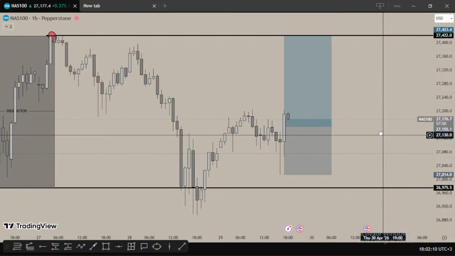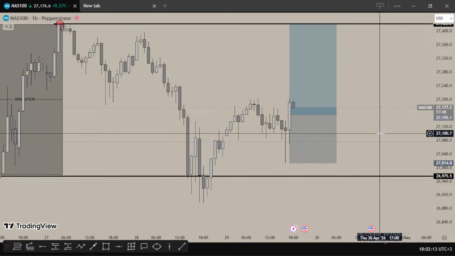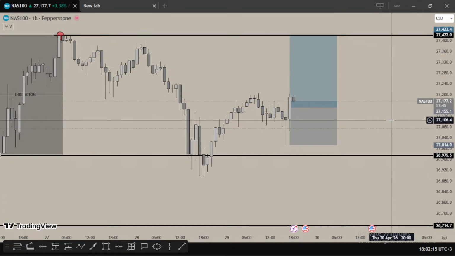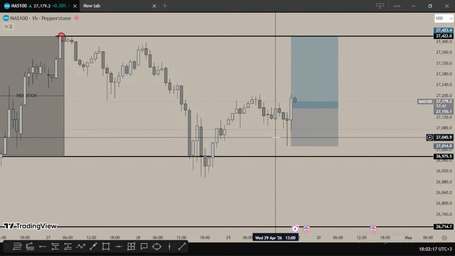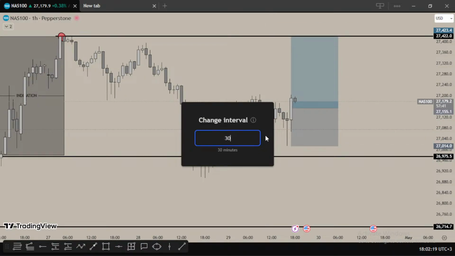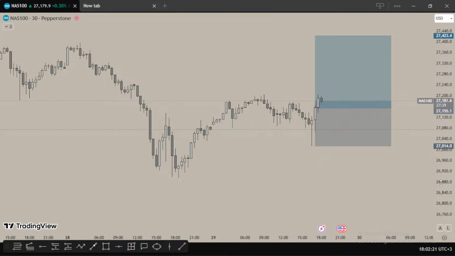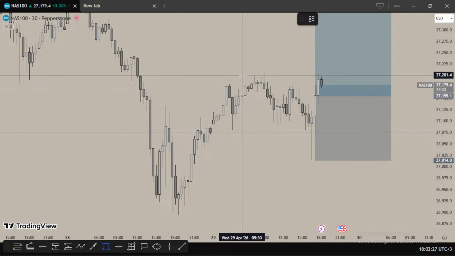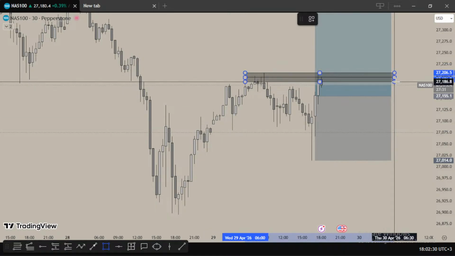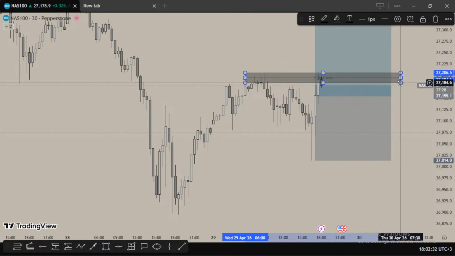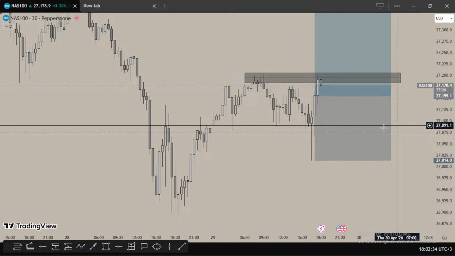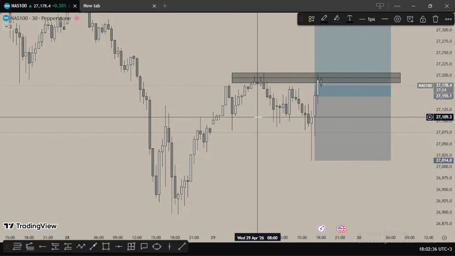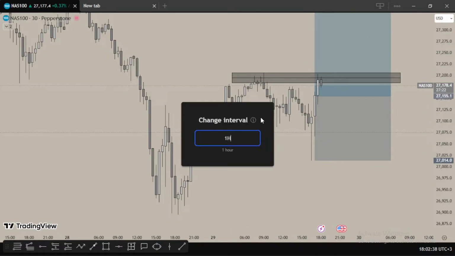Let's see, how is Nasdaq faring? Let's zoom into the 30 minutes time frame. There's a lot of drag around here. I don't know what's going on. Buyers really need to up their game, or they'll be overpowered.